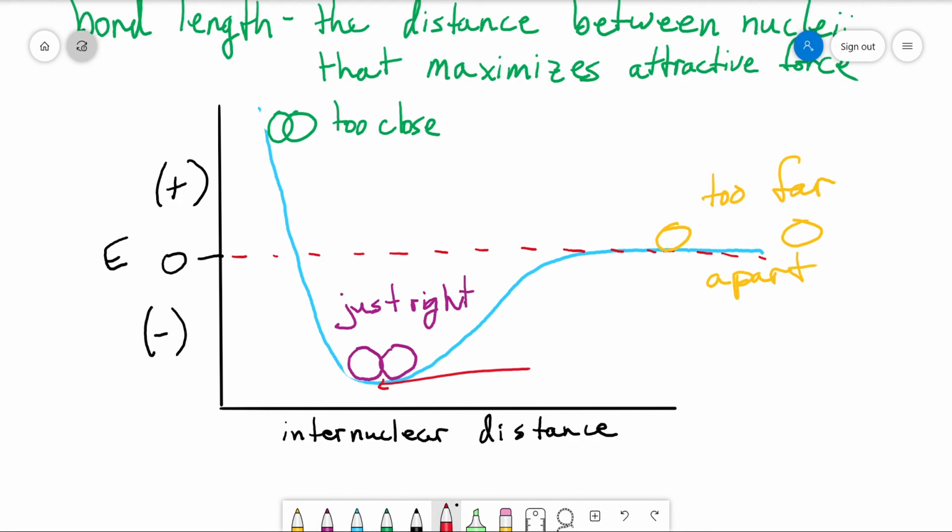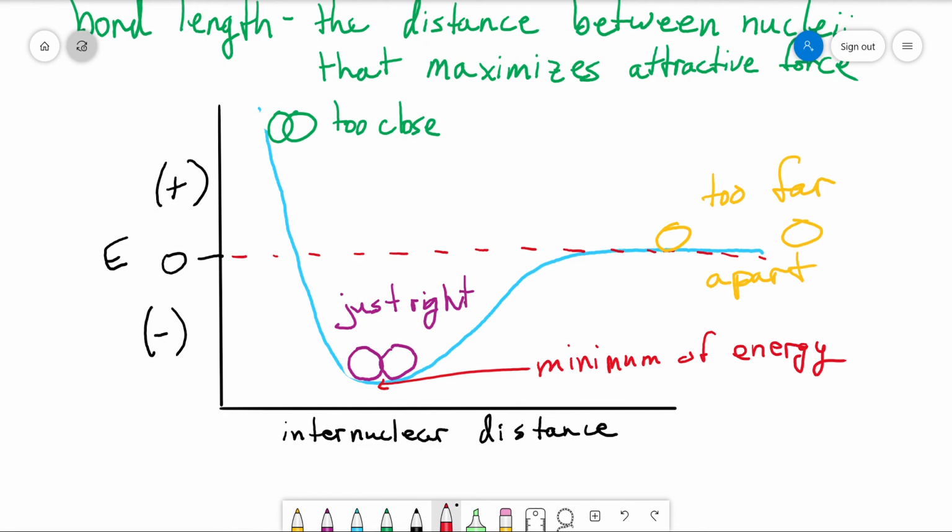Okay, that's a minimum of energy. Kind of go back to that analogy of sleeping on the ladder. Okay? You can't sleep on a ladder because you're just going to fall right back off.